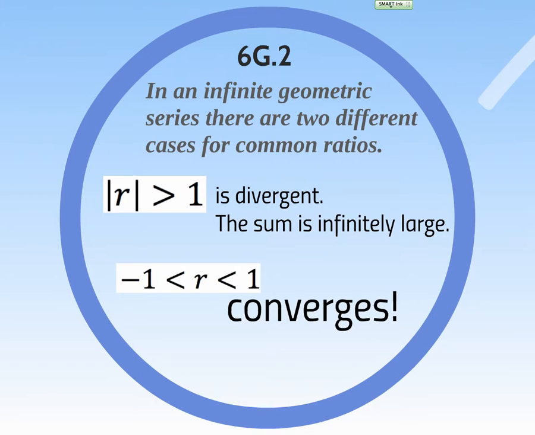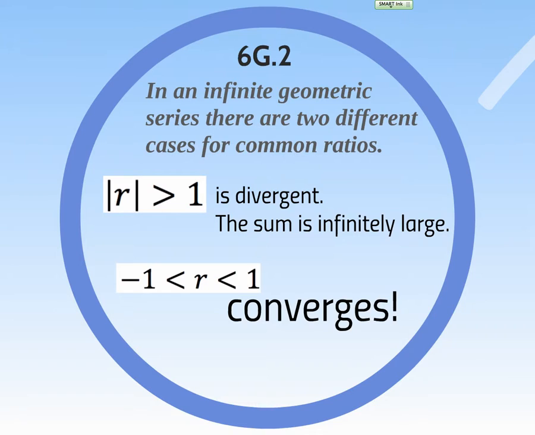If I have a common ratio whose absolute value is greater than 1, like a common ratio of 2, or even a common ratio of -3, that sum is going to be divergent.